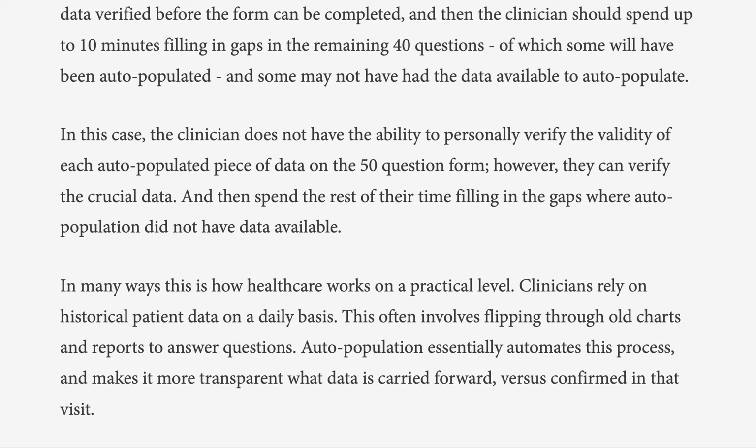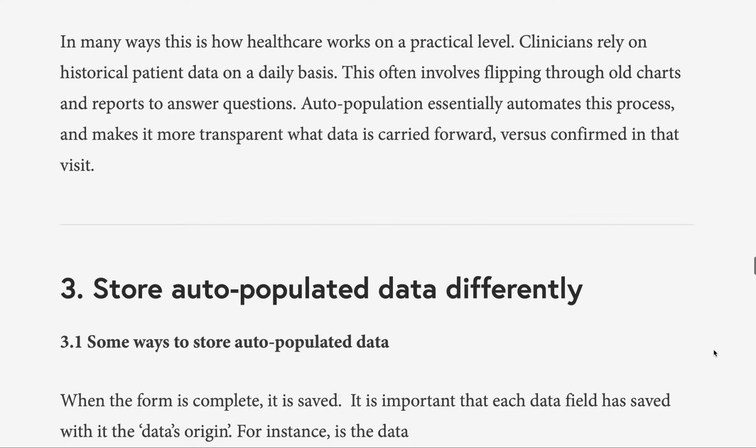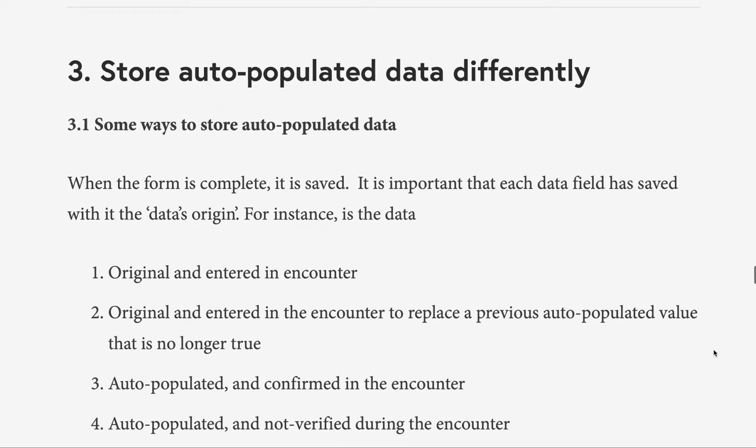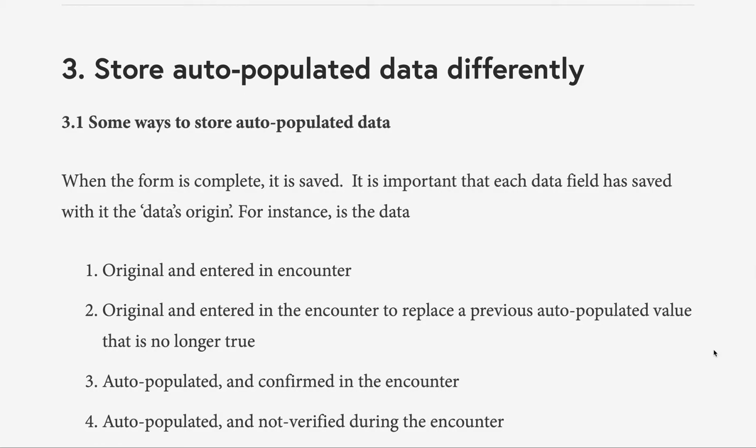We've now talked about the front end, on how this type of information should be displayed, and displayed in a manner which is different from the original data. And now let's talk about how the data is stored.